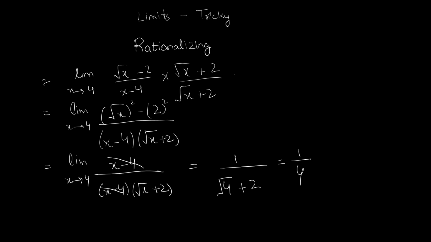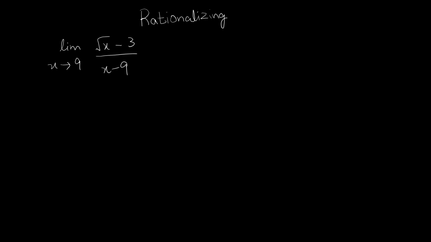Let's do another one. Exact same idea. Multiply by the conjugate, cancel, that's minus 9, substitute, done.